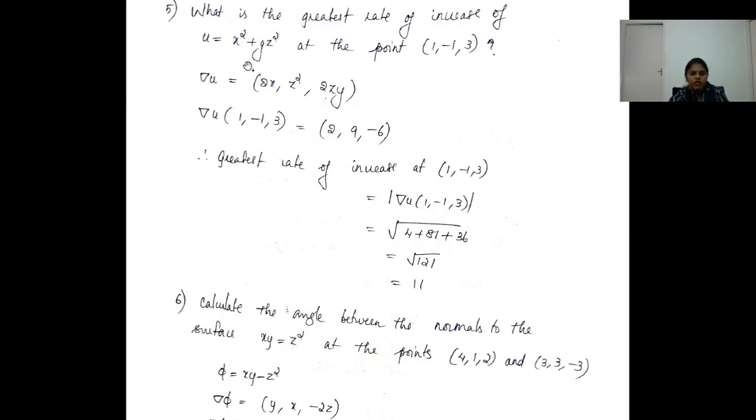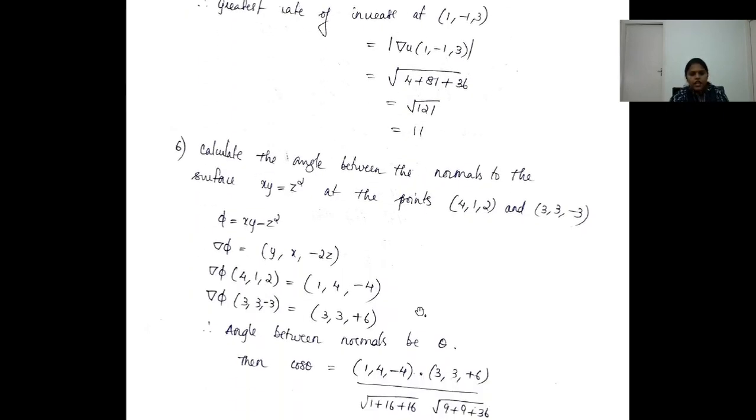So del u, taking the derivatives, you will get 2x z square, 2zy. So del u at 1, minus 1, 3 is 2, 9, minus 6. So the greatest rate of increase is mod del u at 1, minus 1, 3, which is root of 121. So you will get the value as 11.